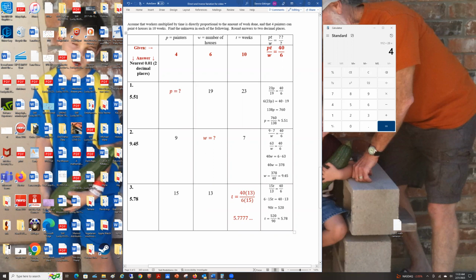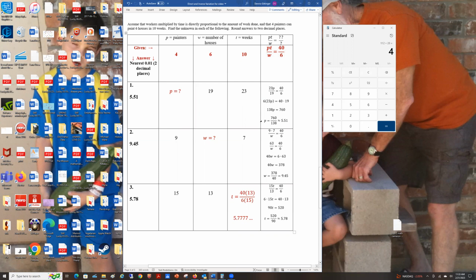All right, so this is how you work the problem if the number of workers is unknown. You take that workers times time. This is 23, P times 23 over 19. Okay, that's 23P over 19. That must equal 40 over 6.